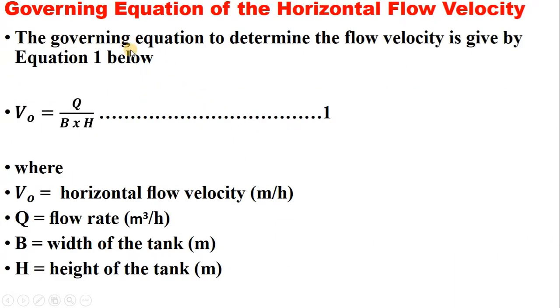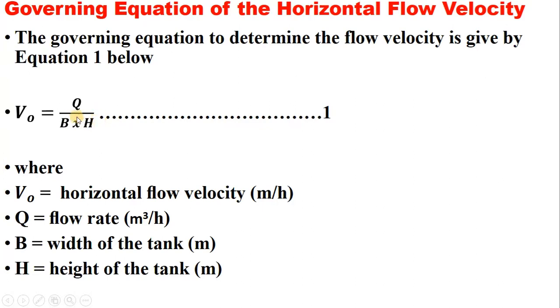Now, look at the governing equation of the horizontal flow velocity. The governing equation to determine the flow velocity is given by the equation below. V0 is equal to Q over B times H, where V0 is the horizontal flow velocity in meter per hour, Q is the flow rate in meter cube per hour, B is the width of the tank designed, H is the height of the designed tank.